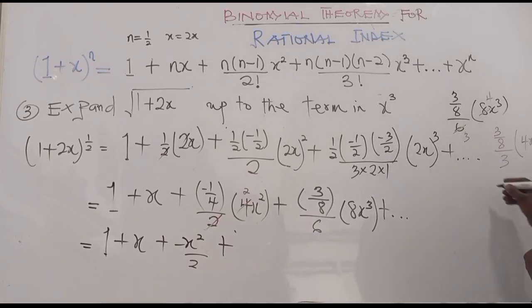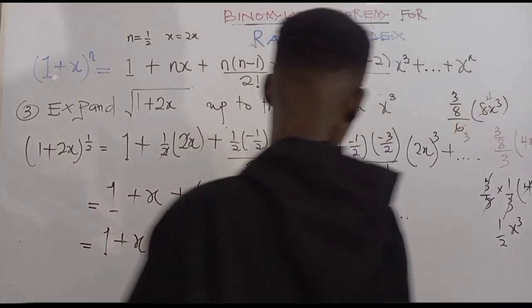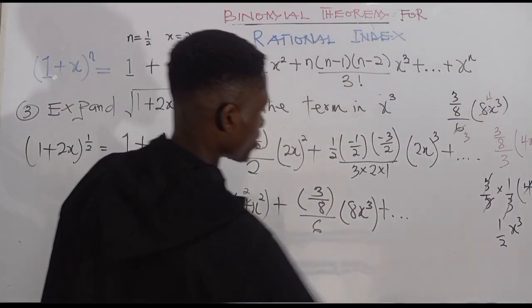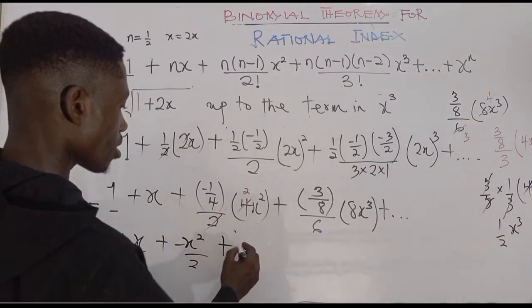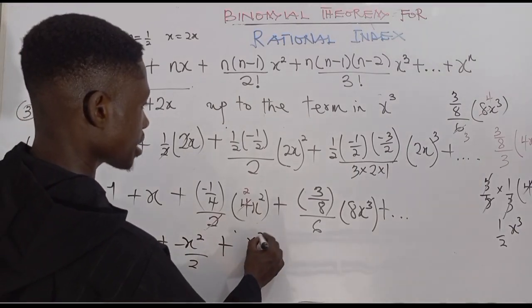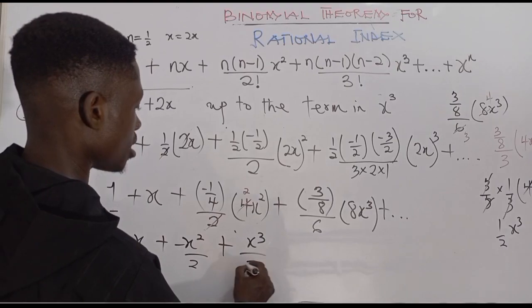Now this can be written as 3 over 8 times 1 over 3 and then we have 4x raised to the power 3. This 3 can cancel this 3. This 4 can cancel 8. So we have 1 over 2, x raised to the power 3. So the whole of this is going to give us x cubed all over 2.